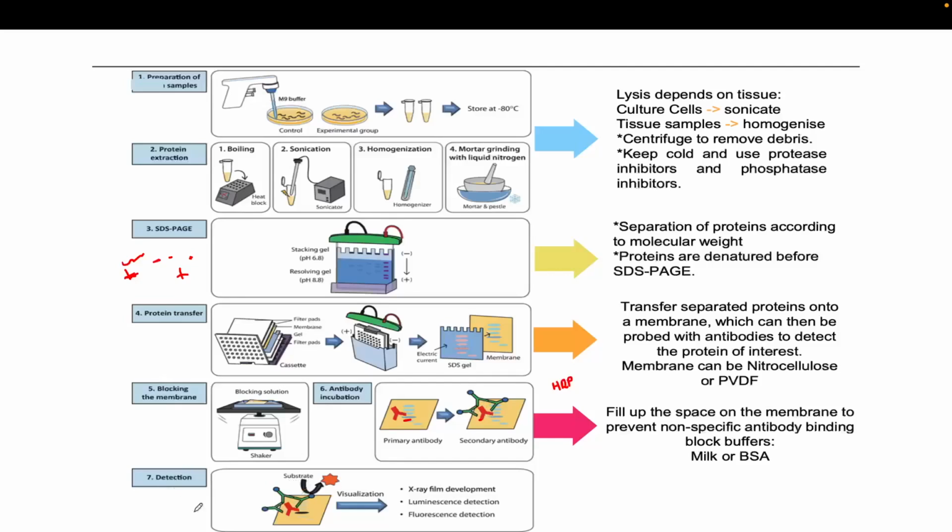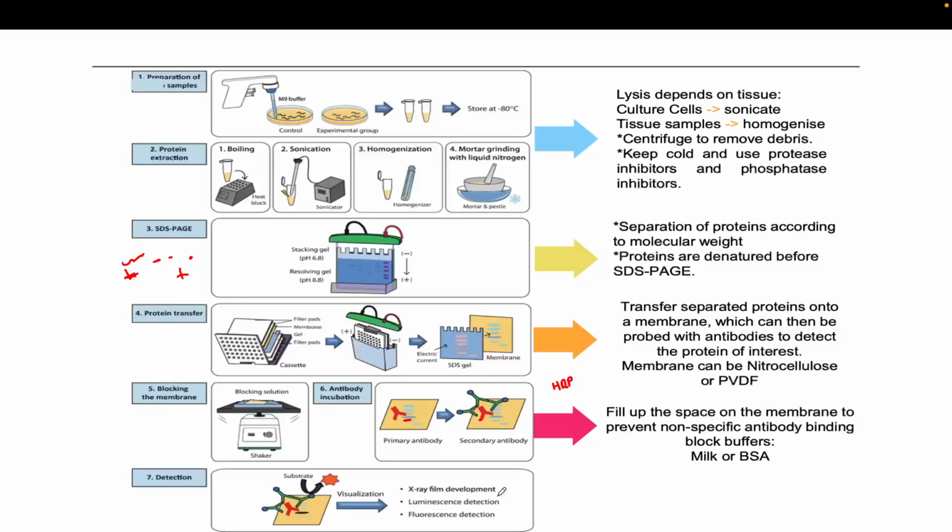Now for detection, to see it as a band, you have to add the substrate. Wherever the enzyme is linked to the primary antibody, the enzyme will convert the substrate into product, and at that place it shows the band, which is your target band that you can develop.